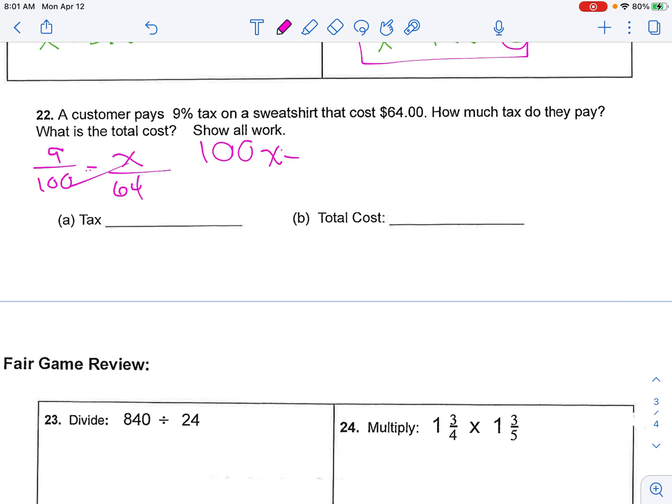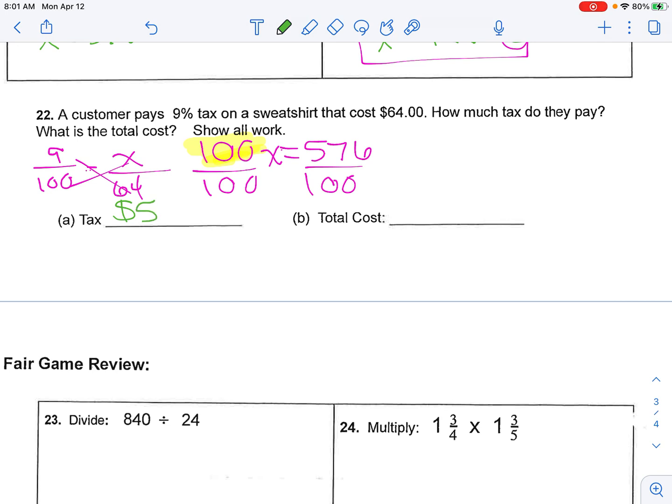Cross products. Divide by the coefficient. Remember, we always divide by the number attached to the x. If you go to your calculator and divide 576 by 100, it's going to say 5.76.